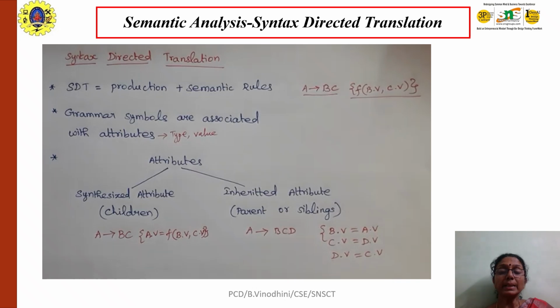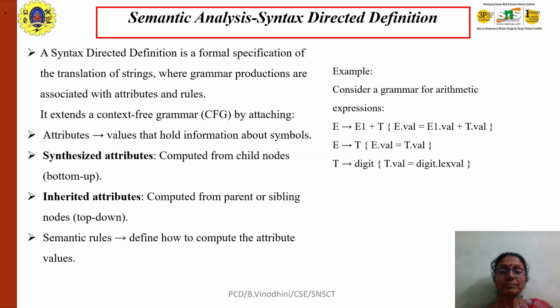For example, with the production A tends to BCD, the B dot value is calculated from the A dot value and the C dot value is obtained from the D dot value. So the value of the particular variable comes from either the parent or the siblings.